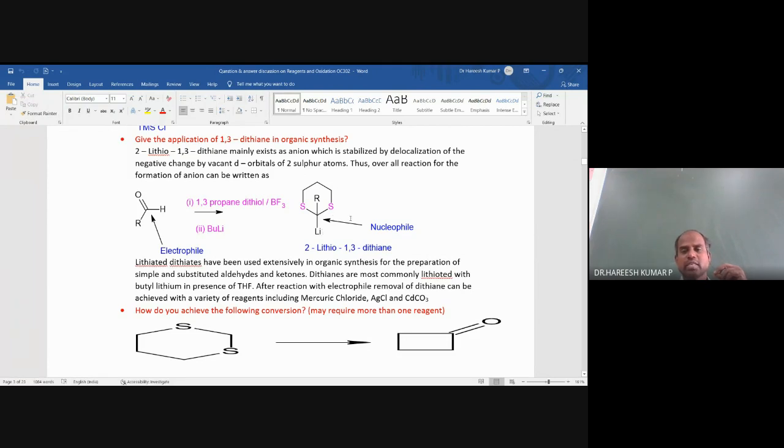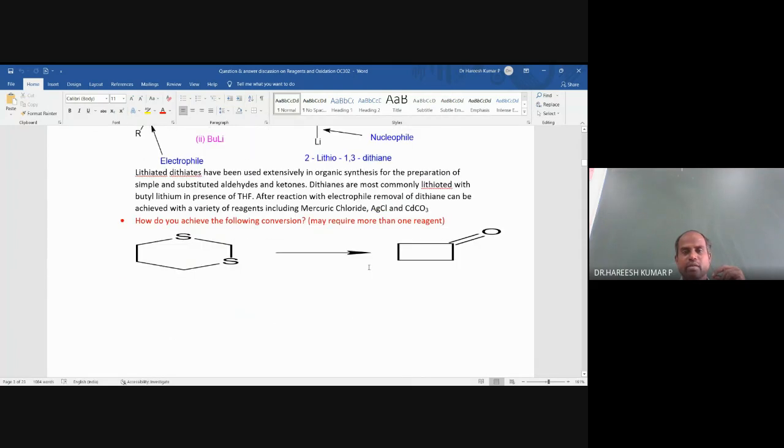That is the reason this is very useful in organic synthesis. Once the required product is obtained, it is also possible to cleave the dithiane by treating with mercuric chloride, silver chloride, or cadmium carbonate. This is about 1,3-dithiane.